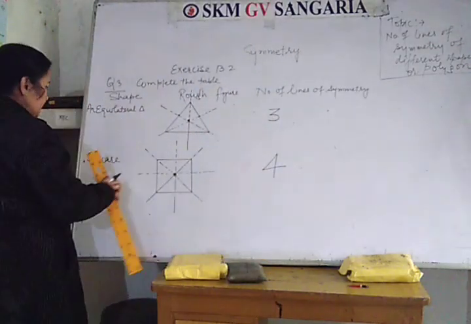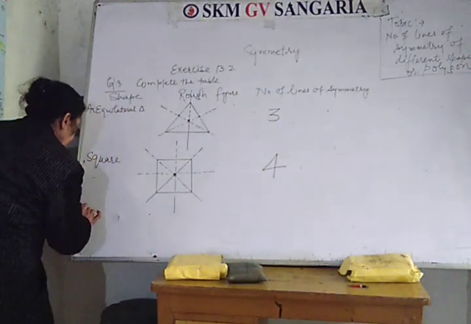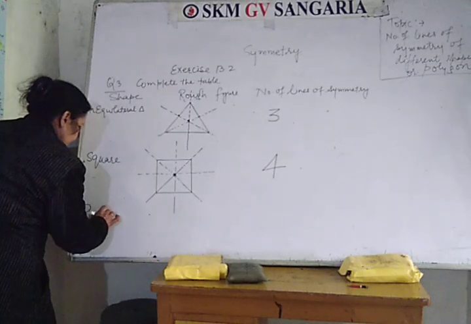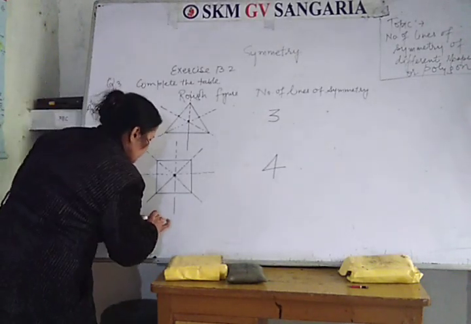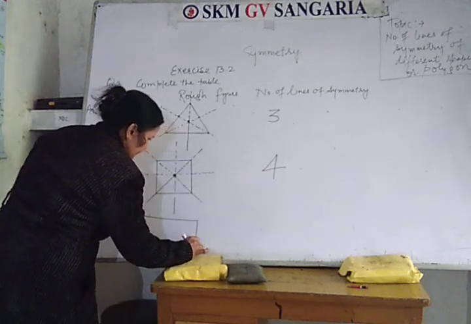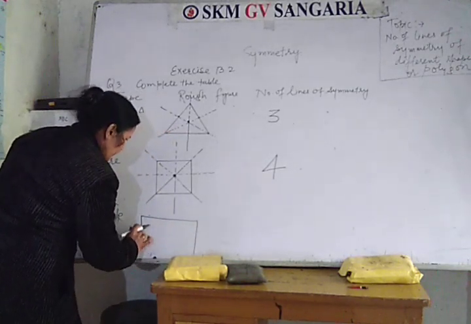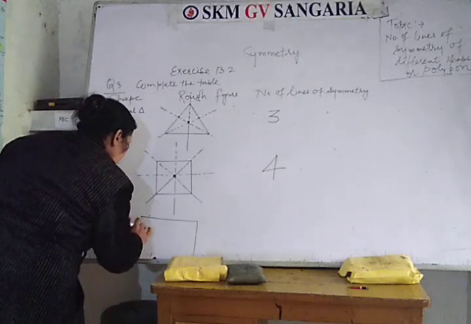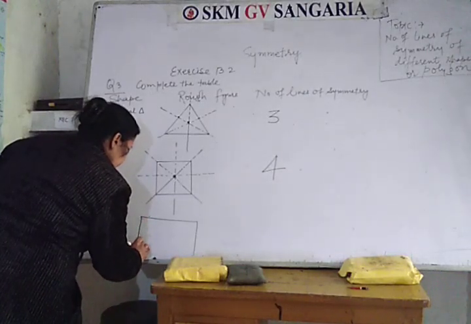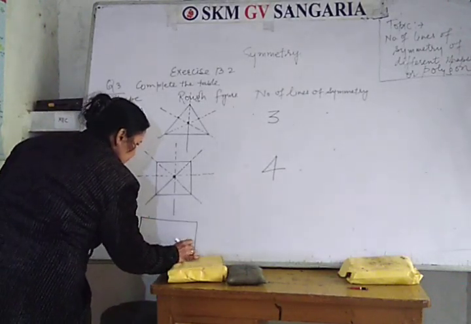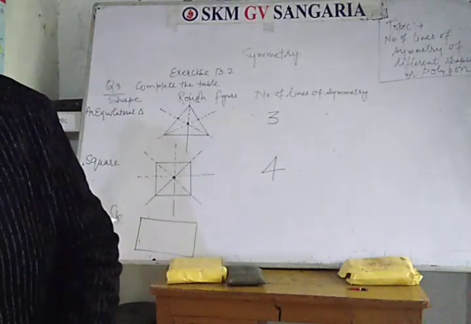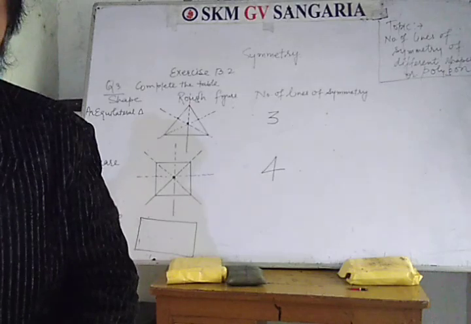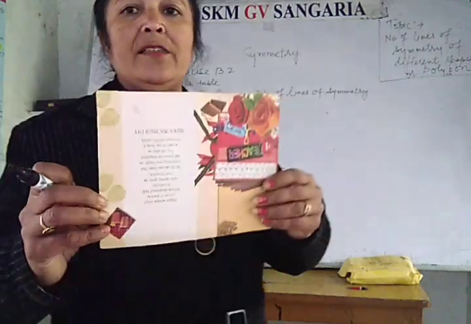After square, it is a rectangle. So draw a rectangle. And this card is also an example of a rectangle, students.